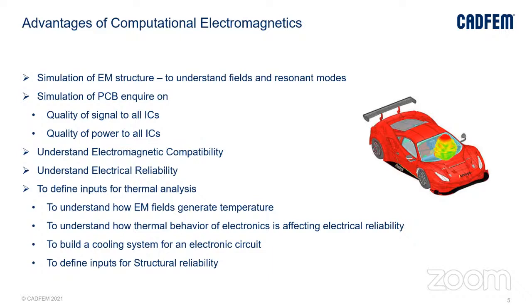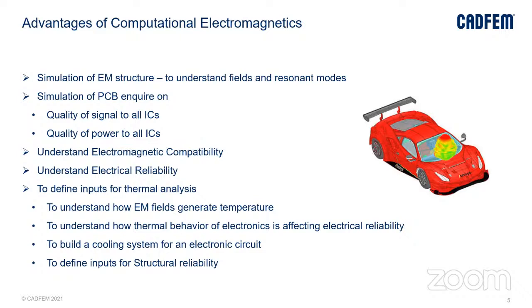And for example, he can simulate a PCB, and by simulating this PCB, you can understand the quality of the signal that is driving the ICs, and the quality of power that is supplied to the ICs. The quality of this power and signal is very important for better performance of these ICs. Hence, simulation of any electronic PCBs is needed.